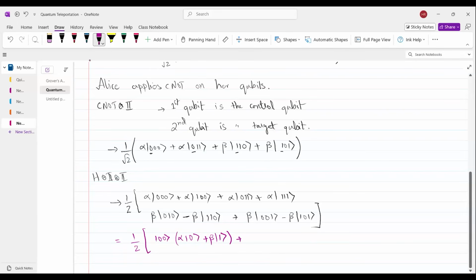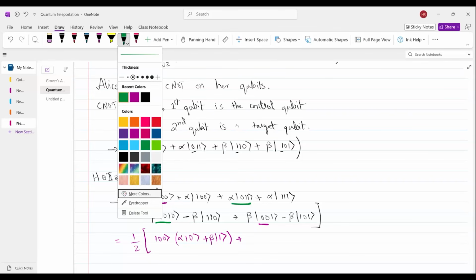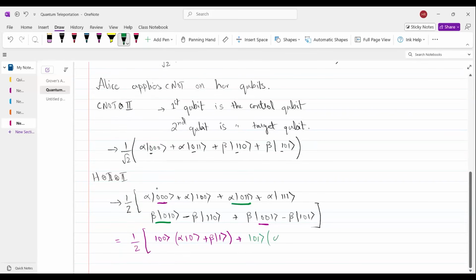Then we are taking common 00 from here and from here. And then we are taking 01 common from both, so we get 01, alpha 1 plus beta 0.